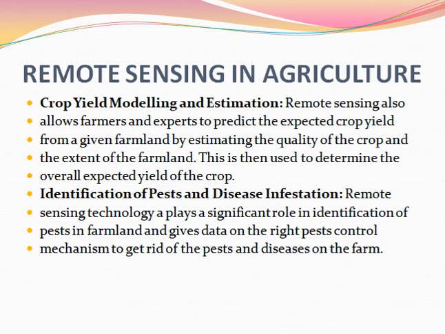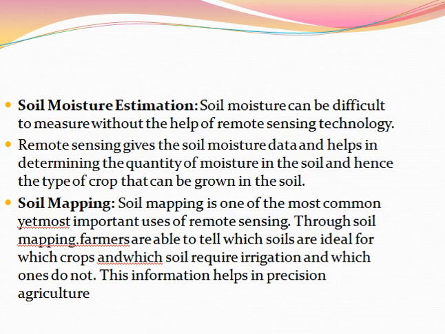Then number three, estimation of soil moisture. Soil moisture can be difficult to measure without the help of remote sensing technology. Remote sensing gives the soil moisture data and helps in determining the quality of moisture in soil, and hence the type of crop that can be grown in the soil.